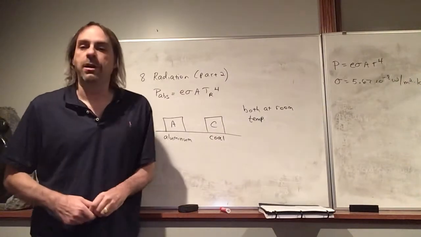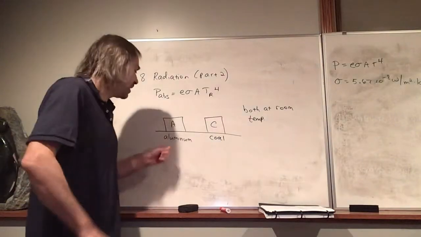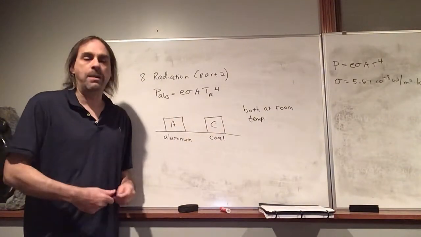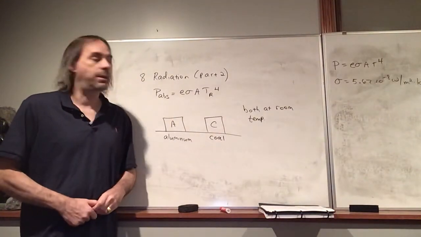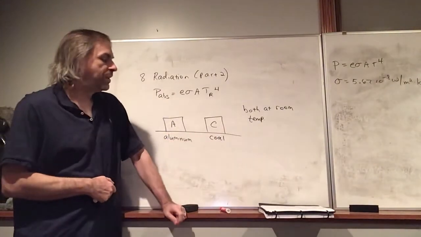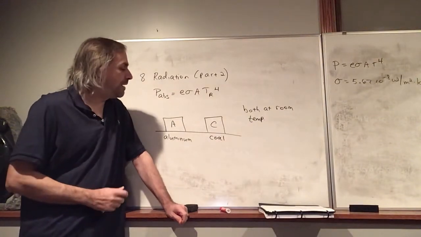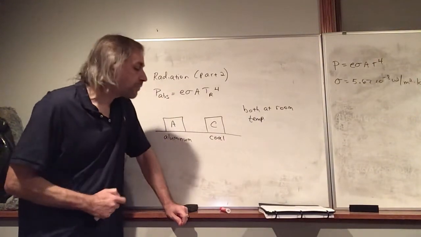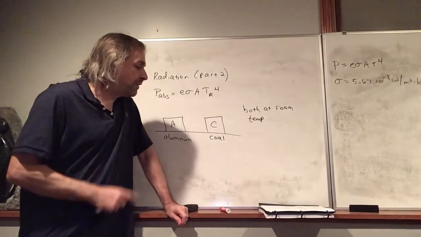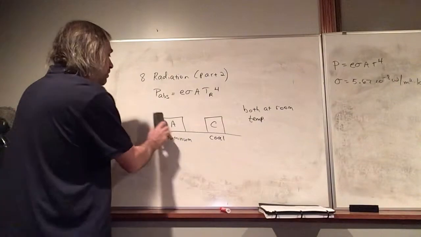So objects that are good at absorbing energy are also good at radiating energy. And something like aluminum is very bad at radiating energy. It doesn't radiate nearly as much as something like coal. So maybe a kind of surprising result there. Not very intuitive. All right, so I've got one more example I want to look at, and that'll be it for radiation.